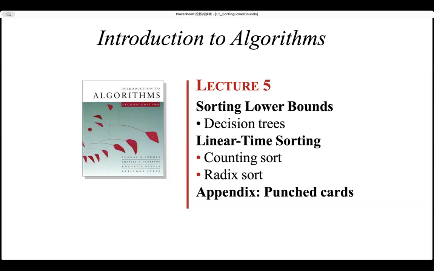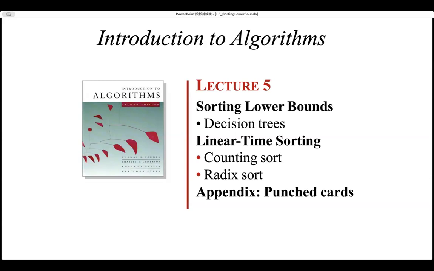It's strange, right? Because the two sorting algorithms that we are covering today, counting sort and radix sort, are based on different assumptions.